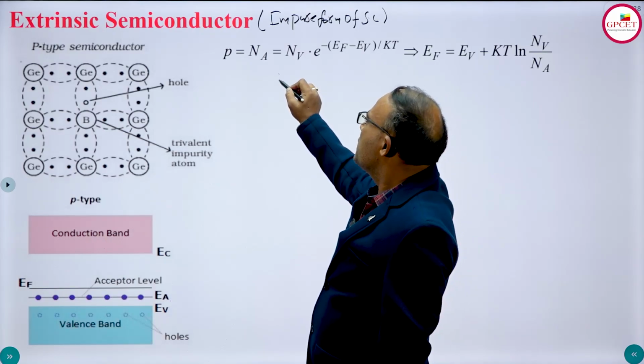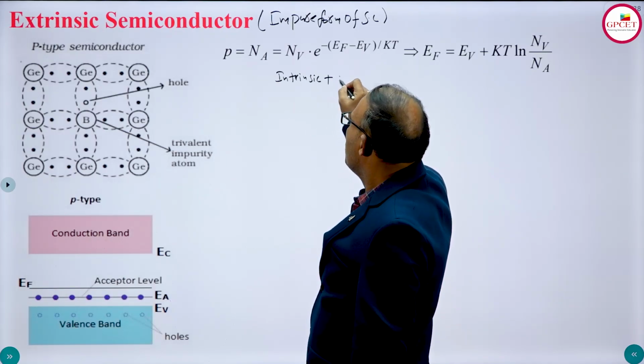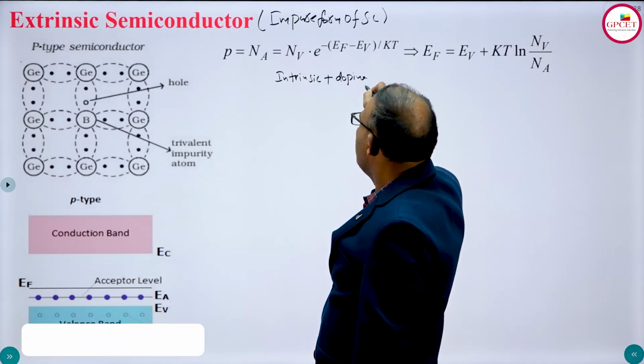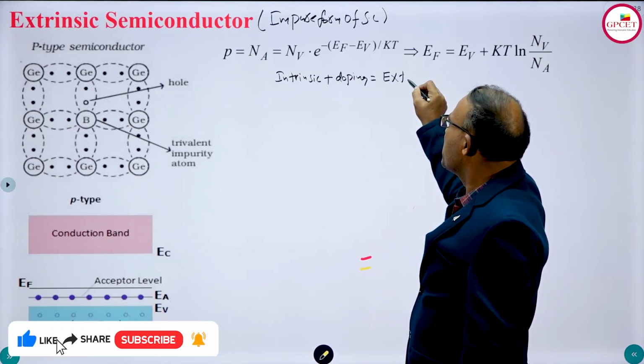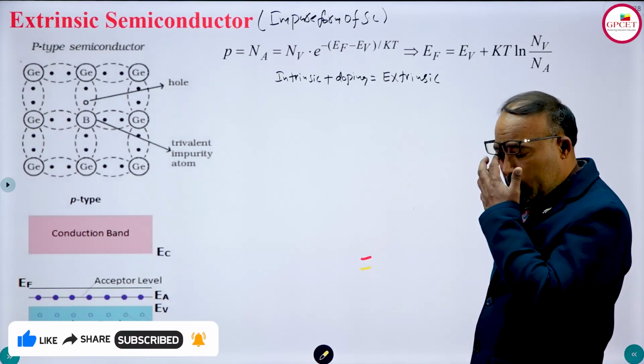So intrinsic plus doping is equal to extrinsic semiconductor.